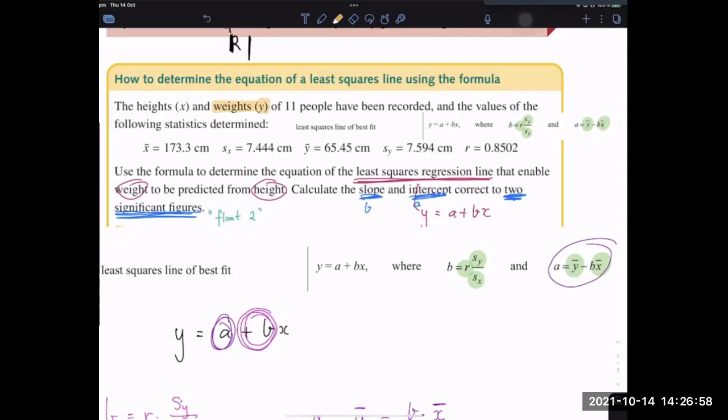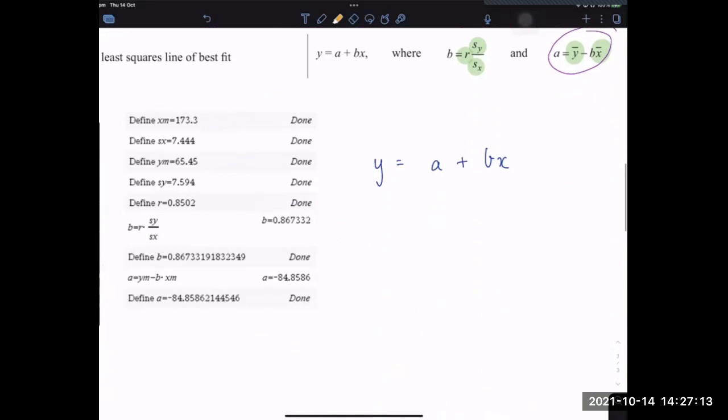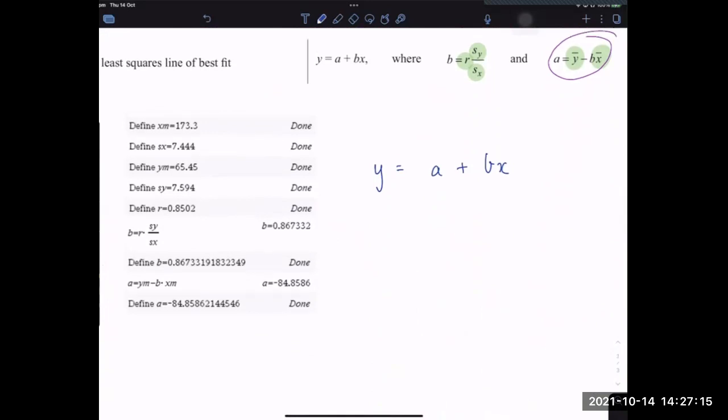What was our x variable? Heights. Okay. So down at the bottom here, instead of writing y, we write weight. What's our a value?